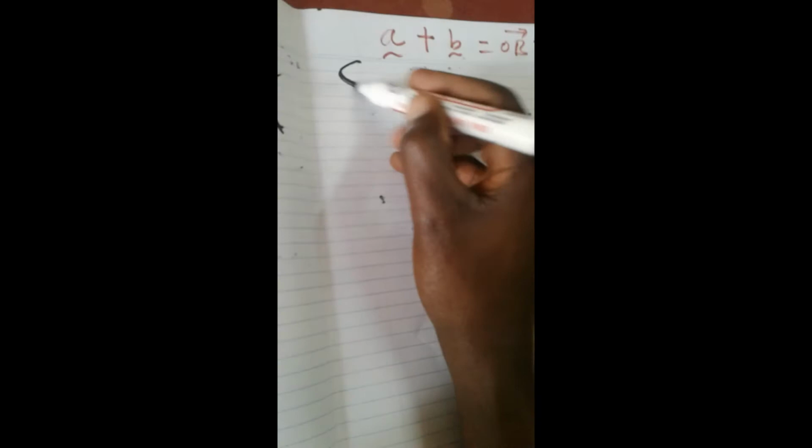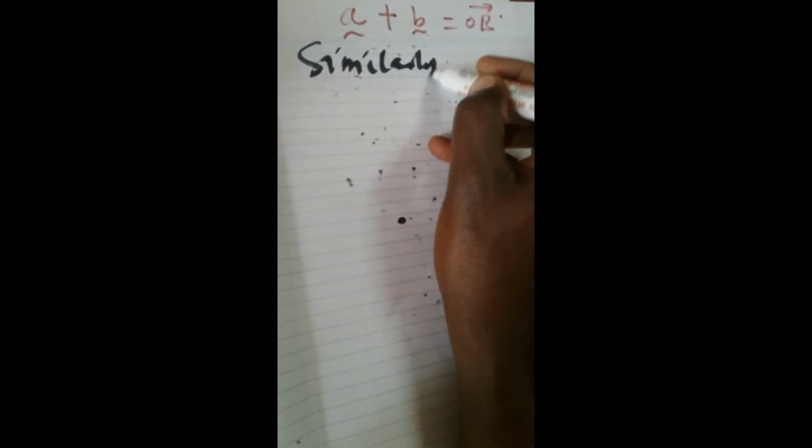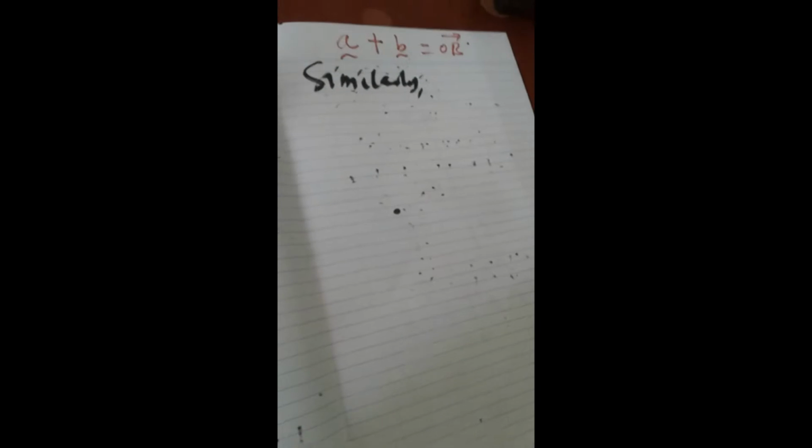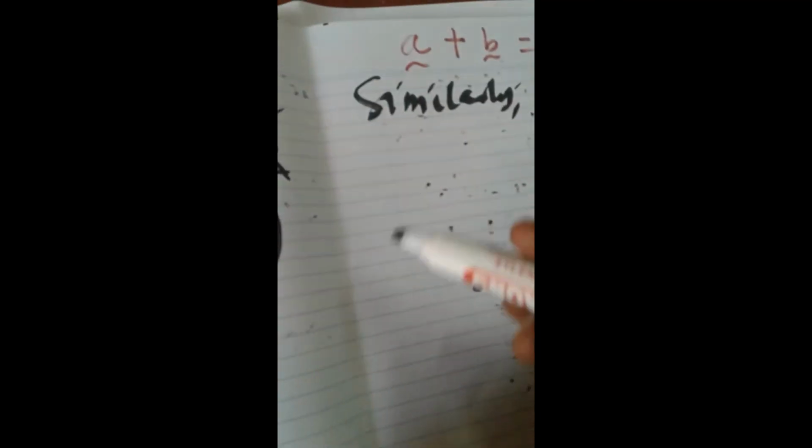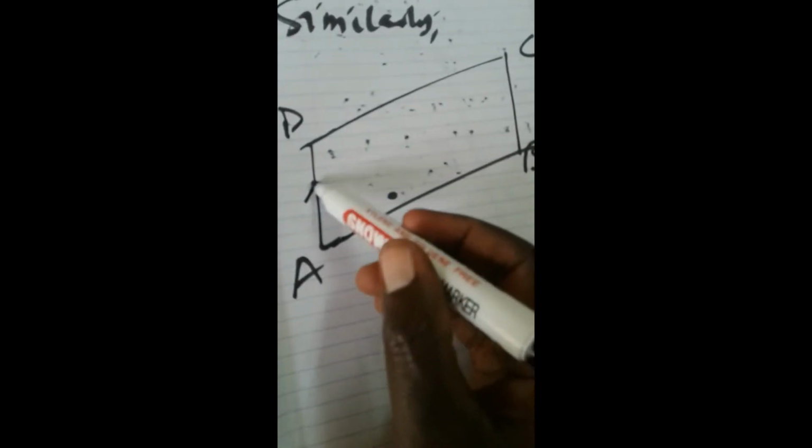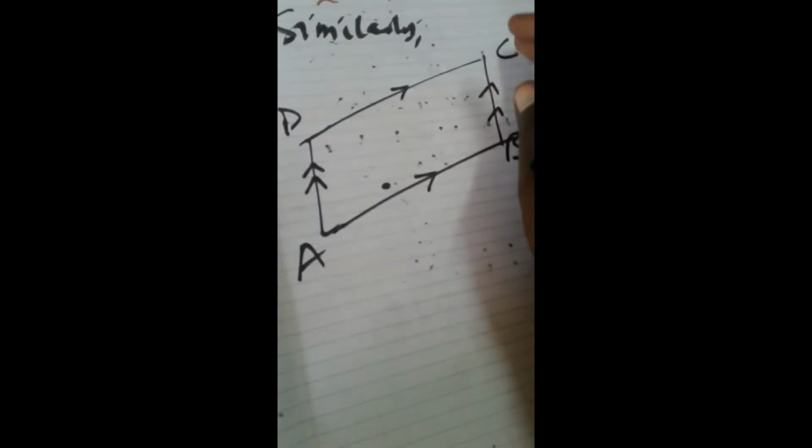Similarly, to illustrate vector addition using a parallelogram, say ABCD, where AD is parallel to BC, and AB is parallel to DC.